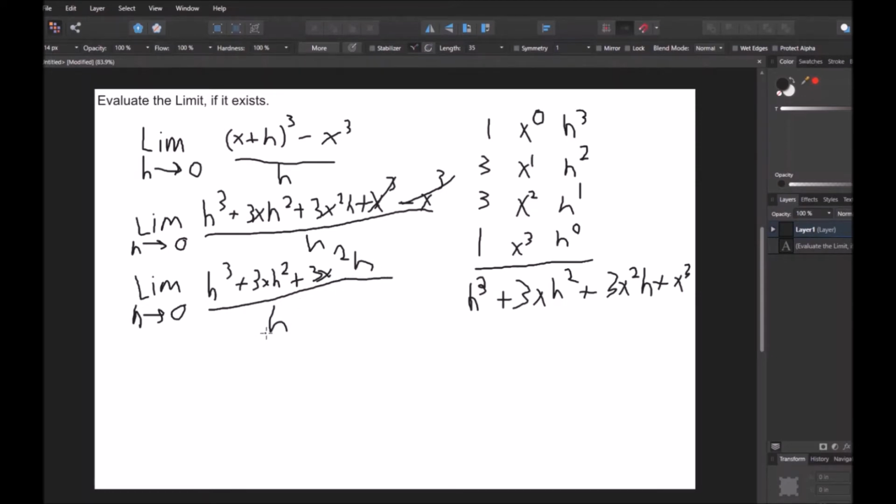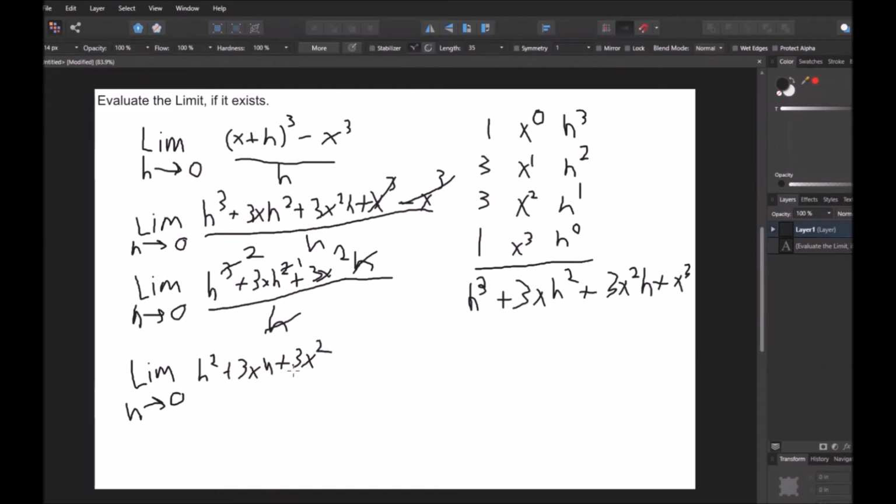And now what we can do is cancel out an h from every single term. So what I'm going to be left with is the limit as h approaches 0 of h squared plus 3xh plus 3x squared.